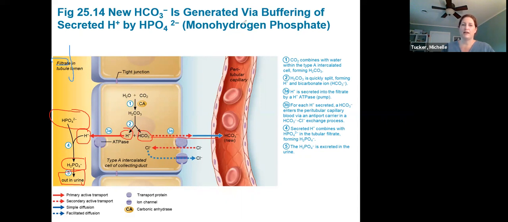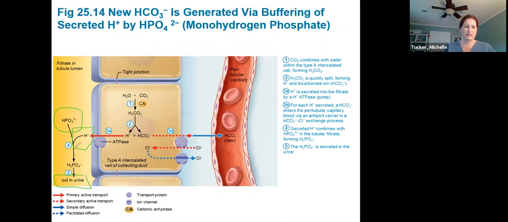So when evaluating this graphic, there are a few things to look at. What system are you using? You are using the phosphate buffering system of the urine. So look for phosphate in the filtrate. It is going to combine a hydrogen ion, so we actually excrete a hydrogen ion, and it is going out to the urine.